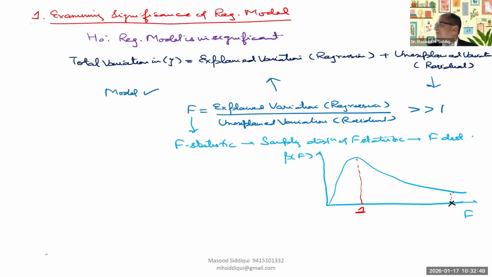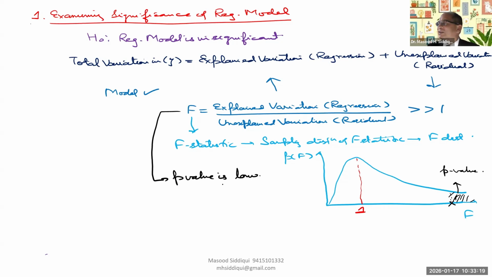And if we consider the right tail area or right tail probability, this is known as the p-value. So if F is very high, it will go toward the extreme right, and correspondingly this right tail probability or right tail area will be low. So if F is very high, it suggests that this p-value is low, right?